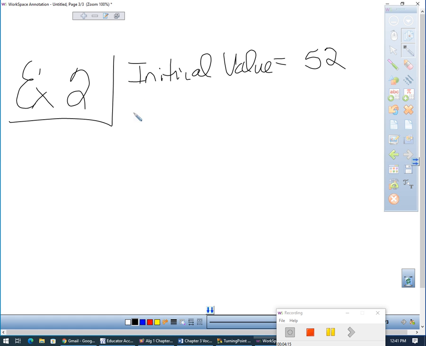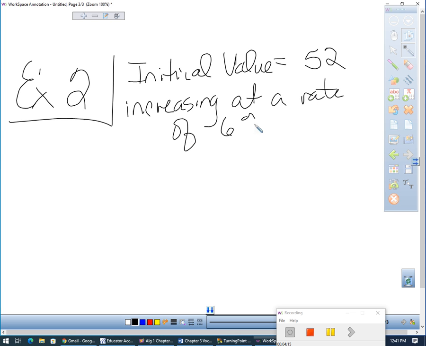And it's increasing, so that means it's growing, at a rate of, how about 6%? Let's just start off easy and say per year. That's an easy one.